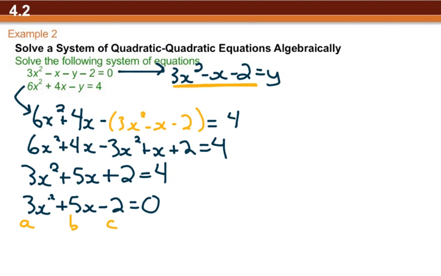So if we go with x equals 0.33, I'm going to take that manipulated version of the first equation, which is right here. As it already has y isolated, it's easy enough just for us to substitute in x and do the calculations.